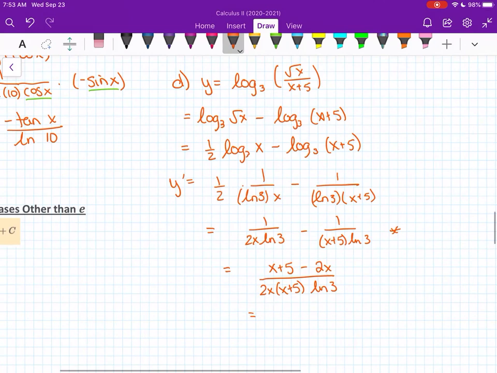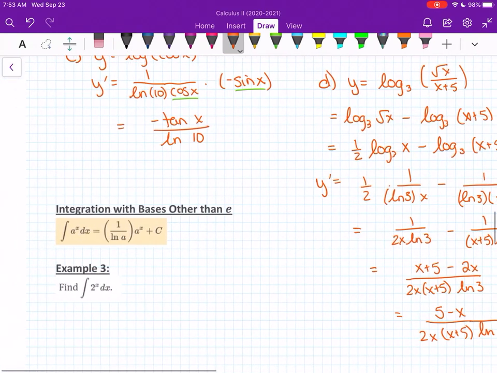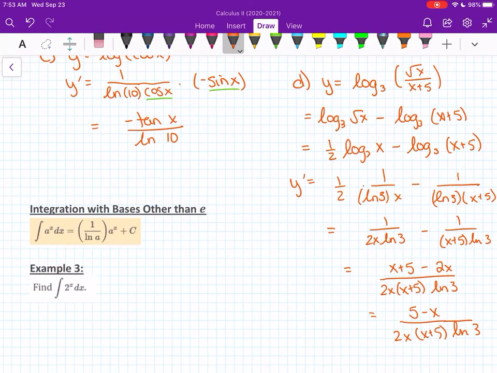Combine those together, I'm going to get on the numerator 5 minus x, and then 2x times x plus 5 times natural log of 3. Fantastic.